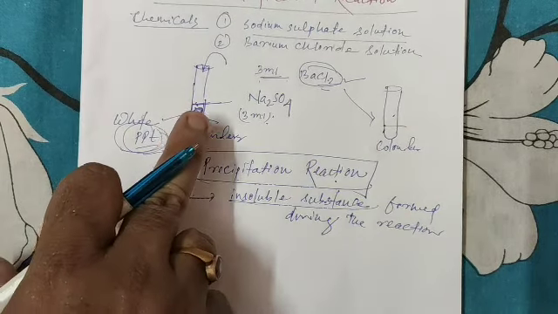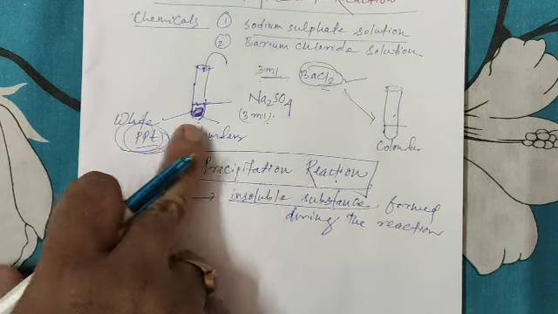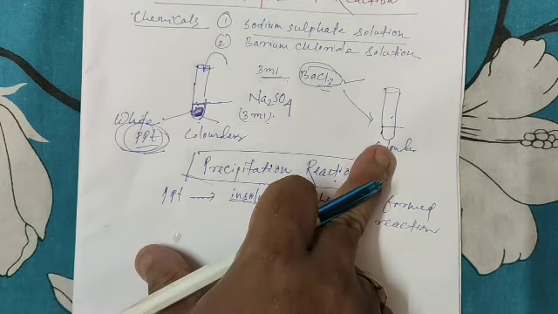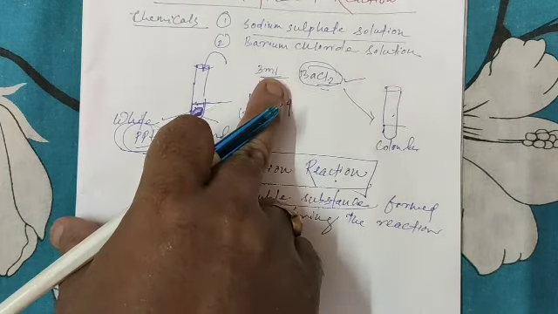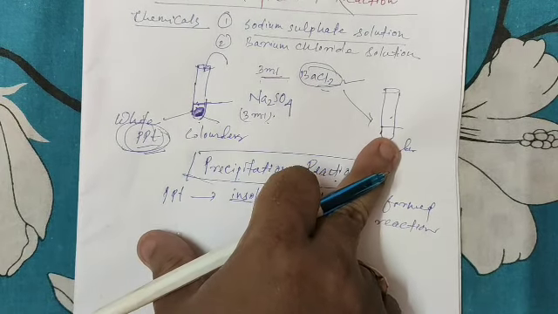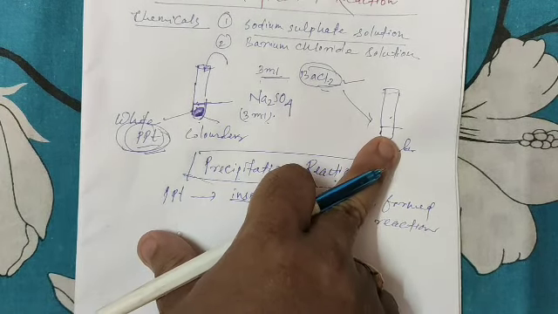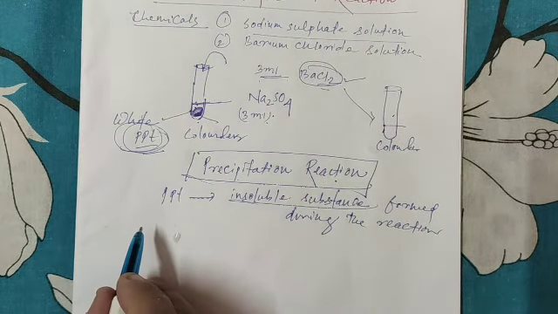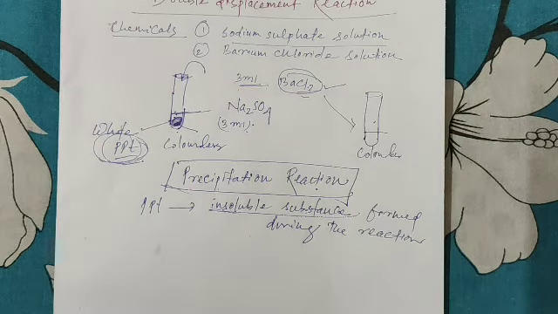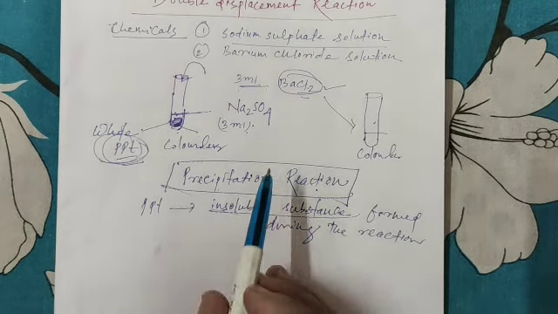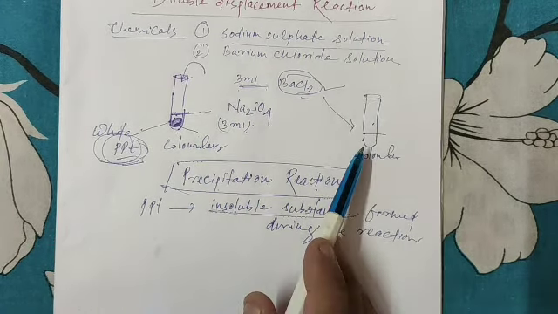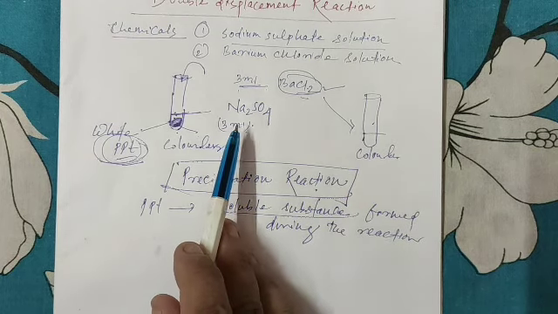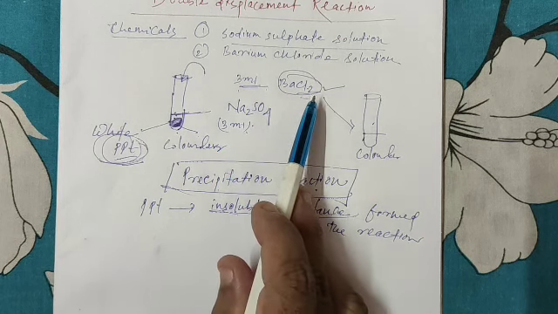So here we conducted an activity. In one test tube we had sodium sulfate solution 3 ml, and here I added 3 ml of barium chloride solution which was taken in another test tube. Now I can write the reaction between sodium sulfate and barium chloride.